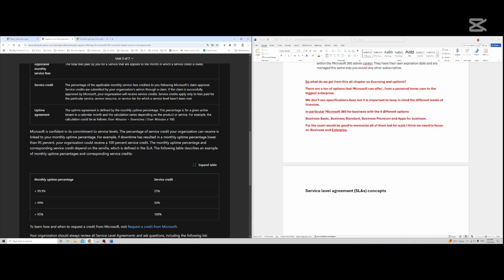Also, if there is an incident, if there is a problem, in the service level agreement, I don't know how to explain, but when you do a contract with Microsoft, in their SLA they have to guarantee that if there is a problem with your services or the service in general, they have to fix it in a reasonable time.